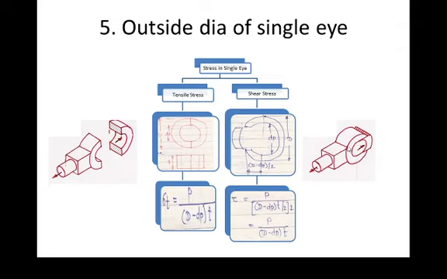Then the shearing failure of the single eye: this is the portion which will get sheared out. The single eye will be subject to double shear, this portion and the bottom portion. Now what will be the area of shear?